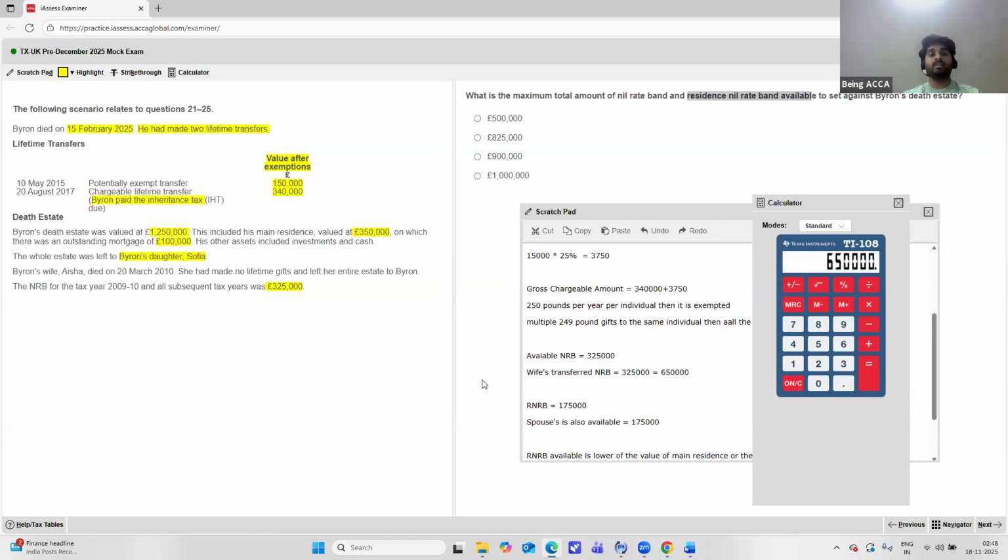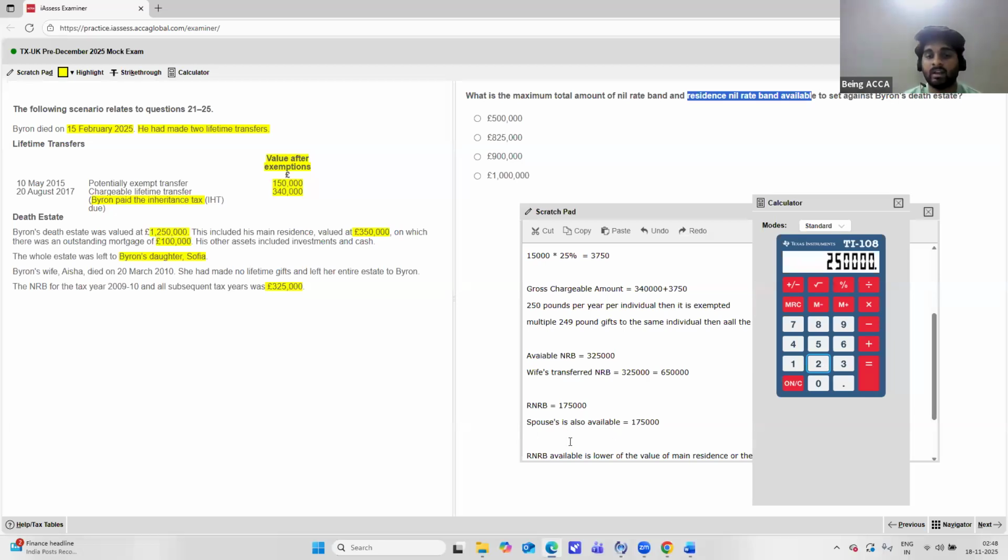All right. As we have seen earlier, the value of the main residence is actually 350,000, but there is an outstanding mortgage, so it should be taken at net value. So it is 250,000: 350,000 minus 100,000 gives us 250,000.